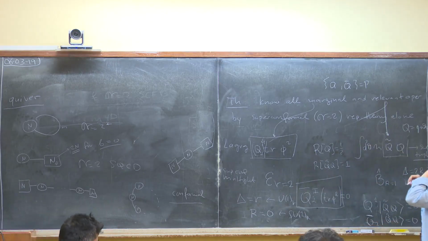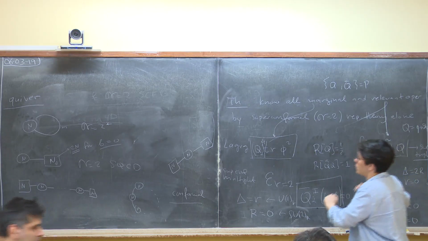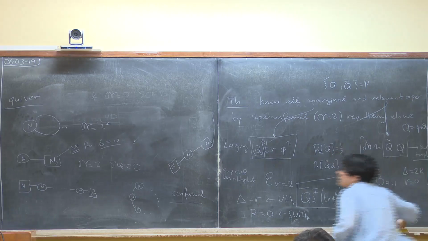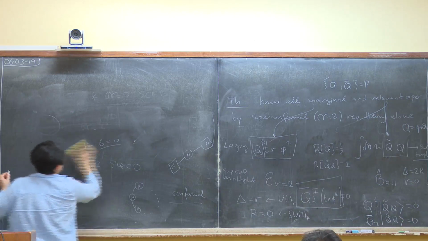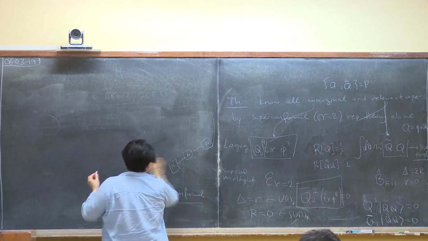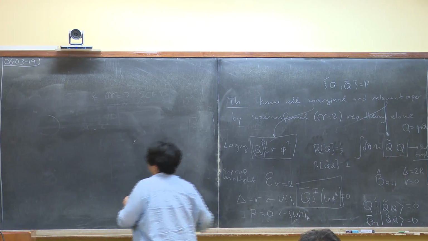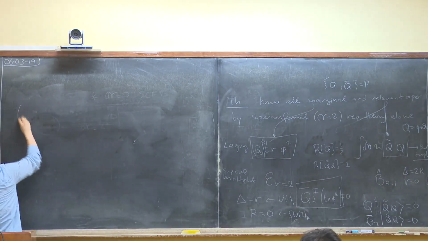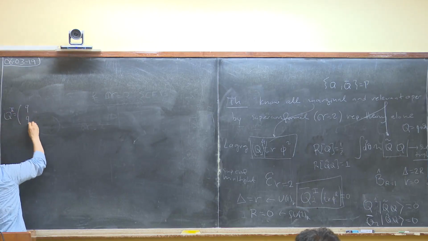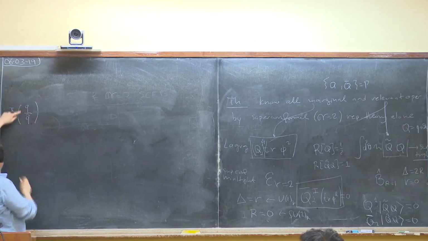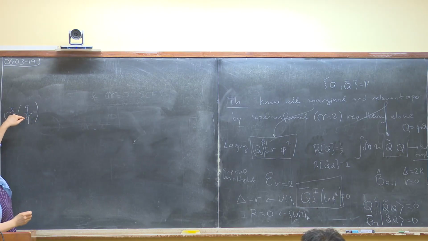So Q tilde Q primary is spin 1 of SU2. Yes, let's write a little bit slower. Okay, let's really explain these things. So I wrote that there is this doublet Qi, and I wrote it like this. So bar is complex conjugation.